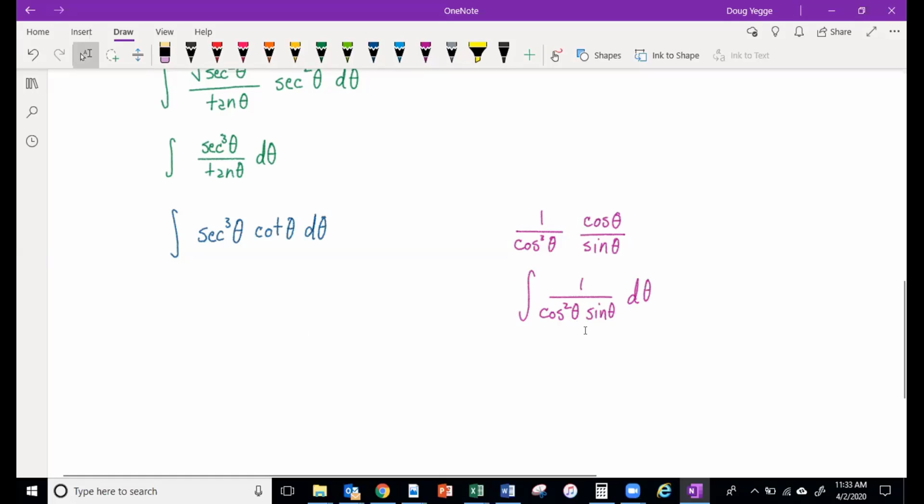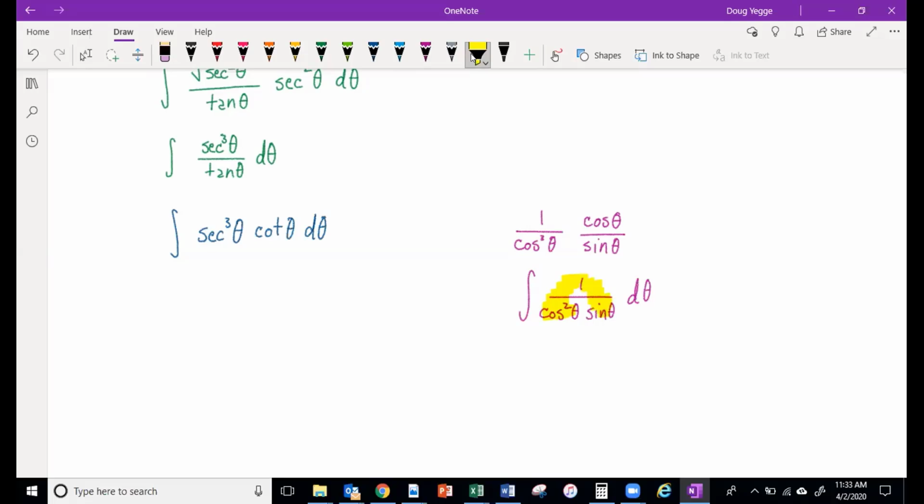So this was also a good thought. It doesn't seem to work. I can maybe simplify this a little bit better, and I can convert 1 over cosine squared theta to be secant squared theta, and then I can convert 1 over sine theta to be cosecant theta.